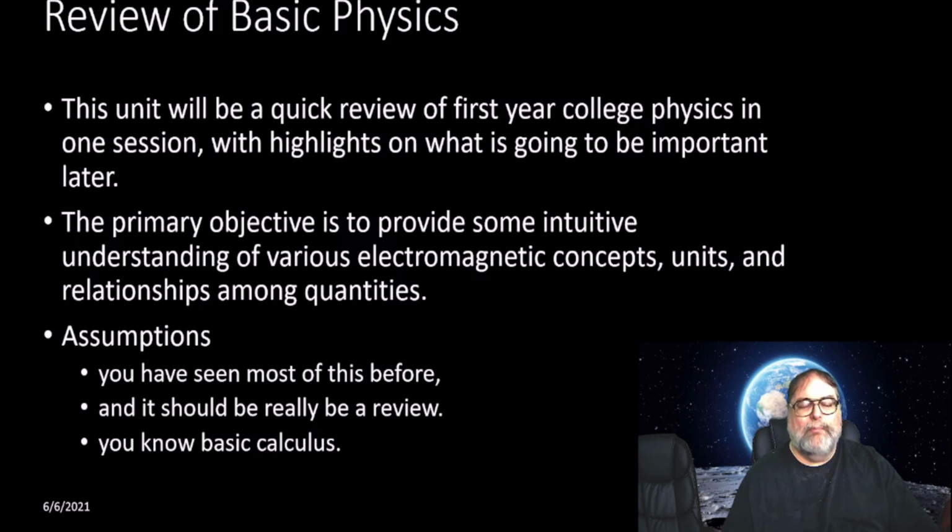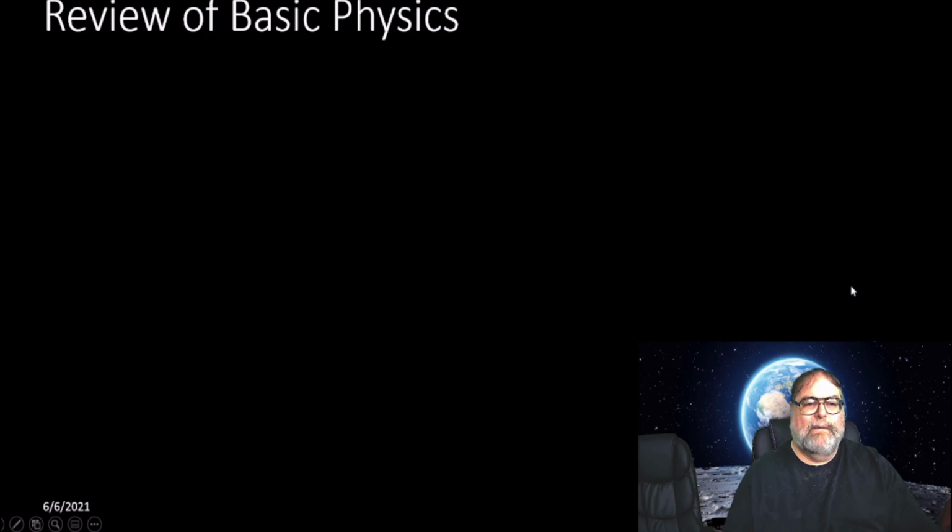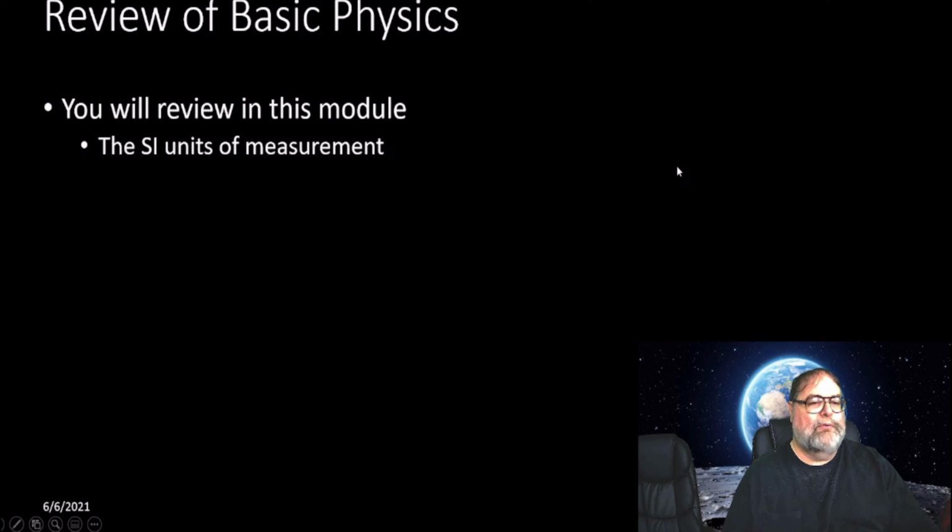And then you know some basic calculus, in particular what a derivative is and what an integral is. If not, you still might get something out of this. Okay, so we'll start off with reviewing the SI units of measurement. In particular, the SI units have recently changed, and some people don't know that.